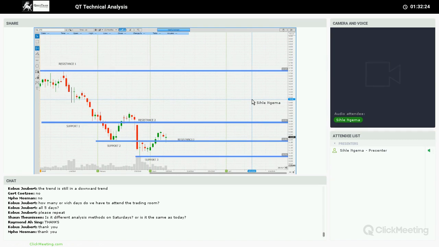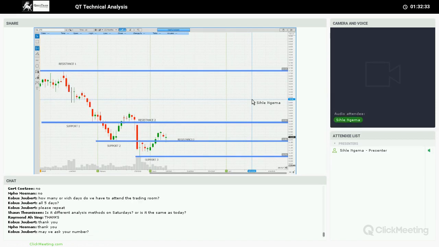But what is most important, you need to remember, is to first analyze a plain chart and make a decision on the basis of a plain chart.